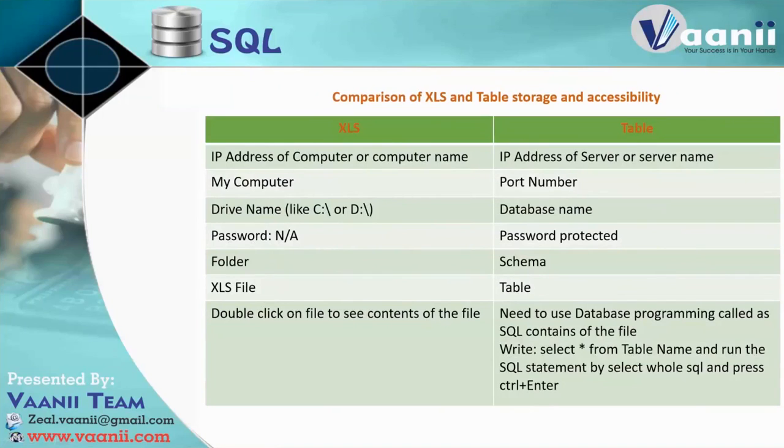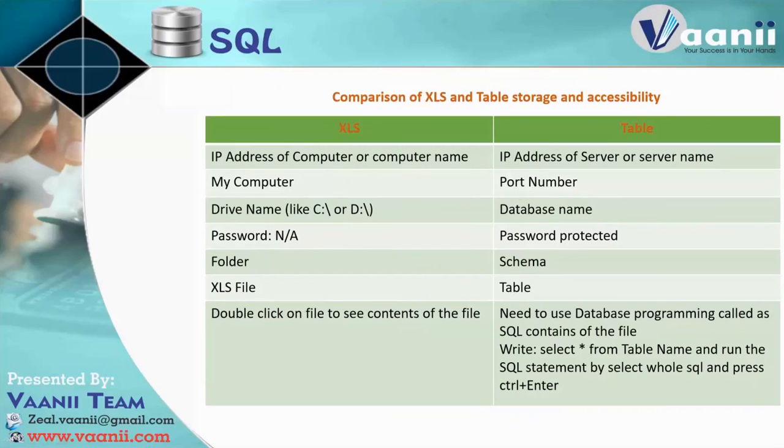In the same way, for the table, I will have the IP address, the port number, then the database name, then the password for that schema, and then the Excel sheet corresponds to the table. Got it?